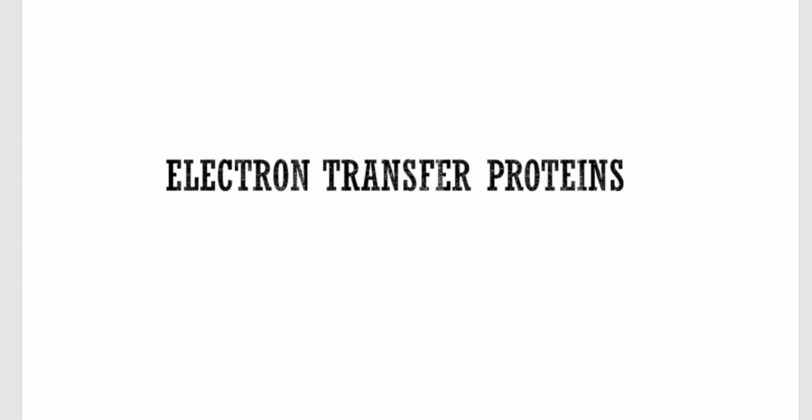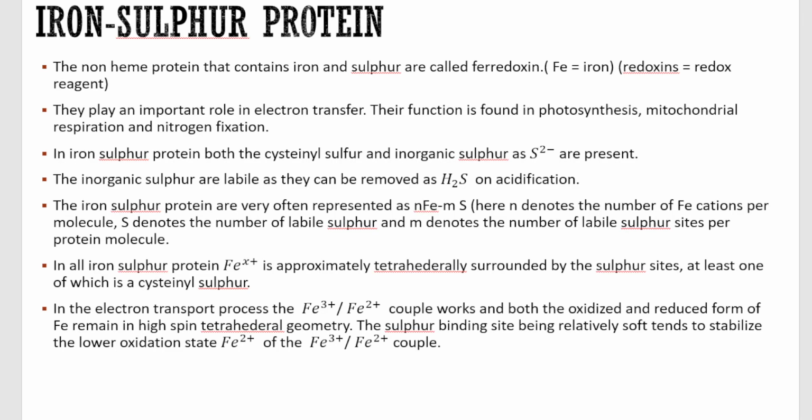Next, we're talking about electron transfer proteins. So far we talked about how metal ions get transported across the plasma or the blood. Next, electron transfer is required in different processes like photosynthesis, and also in different functions of mitochondria. So how does this electron transfer take place, and what are the different types of proteins that do it? One important type of protein that does electron transfer is the iron sulfur protein.